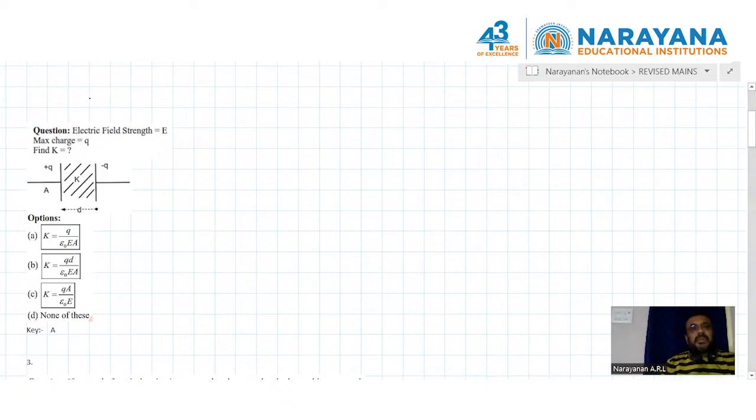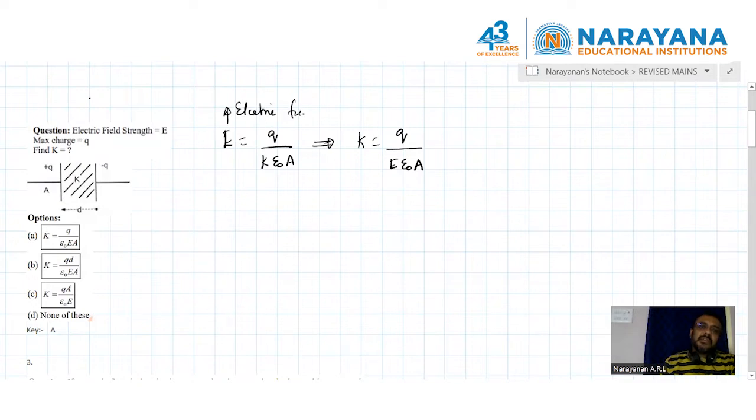Here there is a capacitor being filled with some dielectric medium, and you are asked to find the value of K. So electric field is given by Q by K epsilon naught into A. From this we can calculate K is equal to Q by E epsilon naught into A. So this is how we try to find the electric field within the charged capacitor.